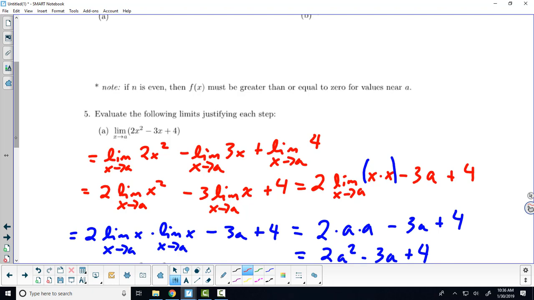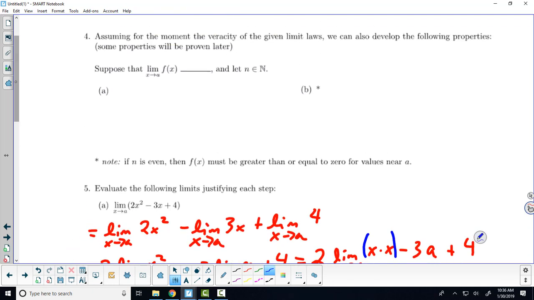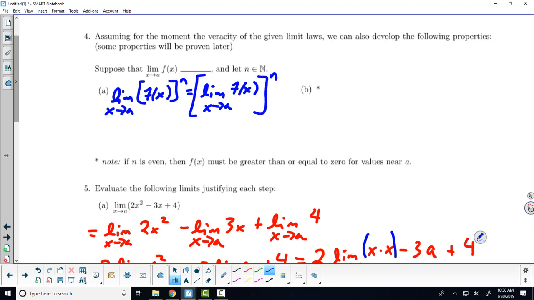So we could summarize that as a property by saying that the limit as x approaches a of f of x raised to the nth power is equal to the limit as x approaches a of f of x, and then raise that whole thing to the nth power.